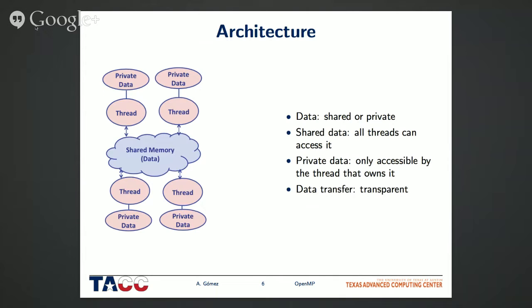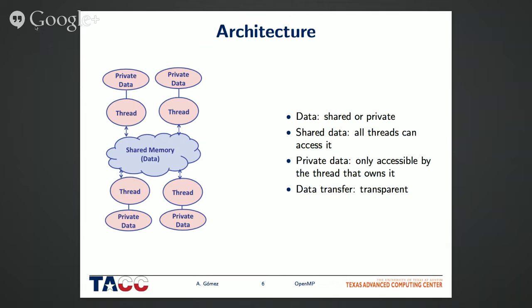So the architecture of OpenMP, the main element here is the data. The data can be shared or private. With shared data, all threads can access that data. By default, you can consider that all the data, if you don't specify anything, is going to be shared by all the threads that you create, when the data has been already declared.